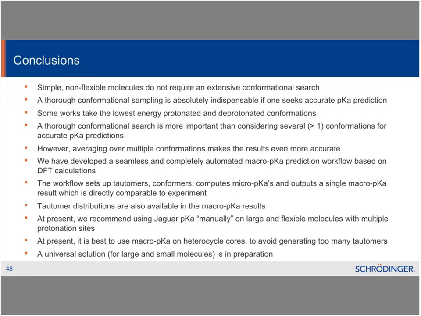For complicated molecules like that with lots of protonation sites, we currently recommend doing Jaguar pKa manually still, although we are working on filtering the gigantic number of these tautomers that don't really contribute to anything in the end. But if you want to use macro pKa, it is best to truncate your molecule and work on the heterocycle core.